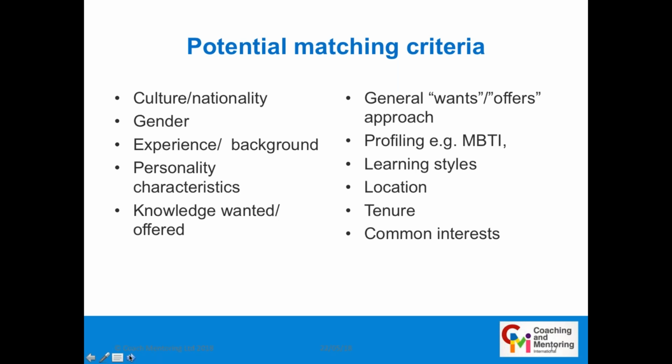And where possible, and depending on the size of the organisation, if the mentor can be from a different division or different part of the organisation, it really helps the mentor's learning in terms of acquiring knowledge about a different part of their own organisation, as well as really supporting the mentee's learning.